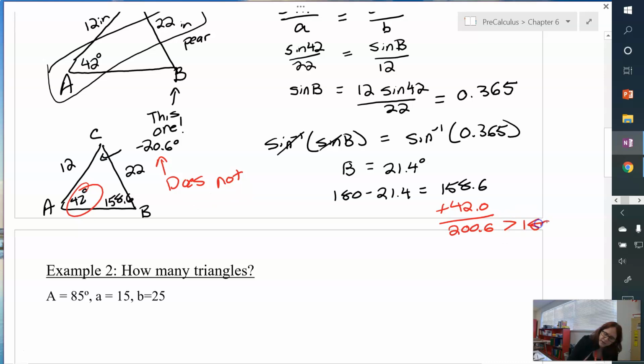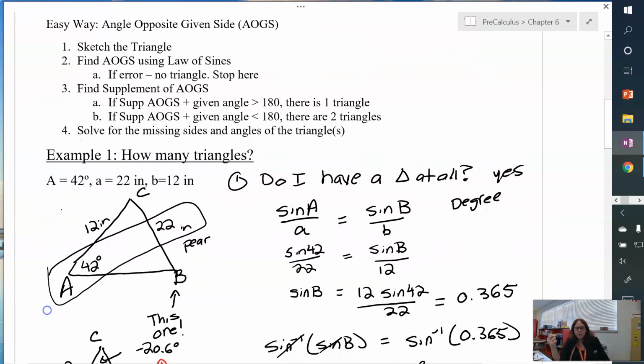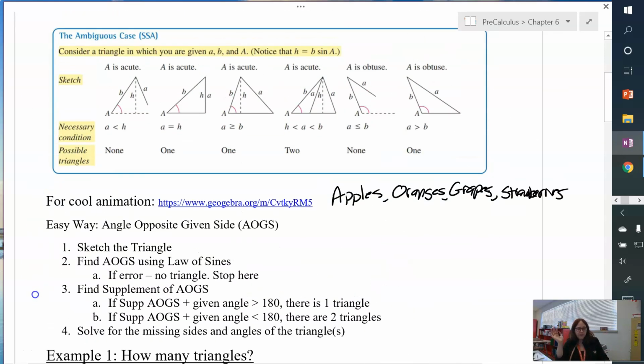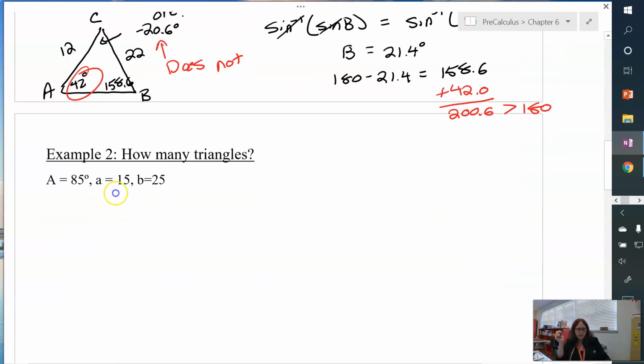That's greater than 180. So no triangle. So for this one, our example number 1, we only have one triangle. And I didn't have to memorize any of these scenarios. Just use the given angle.